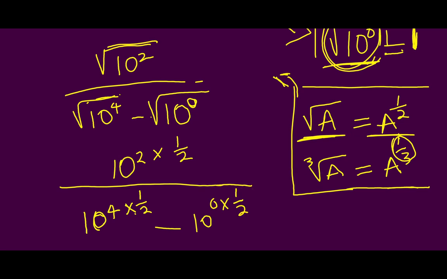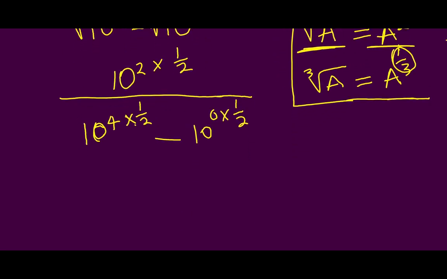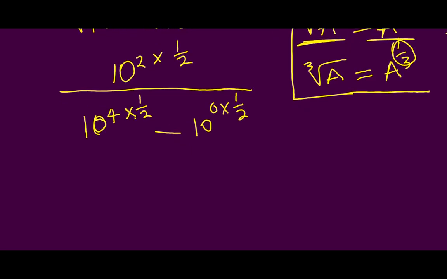Then from here, you can definitely multiply out the exponent to get a simple expression. So 2 times 1 over 2, that is 1. We're going to get 10 to exponent 1. Divide by 10 times 1 over 2, we're going to get 10 to exponent 2. Then again, 0 times 1 over 2, that is 0.